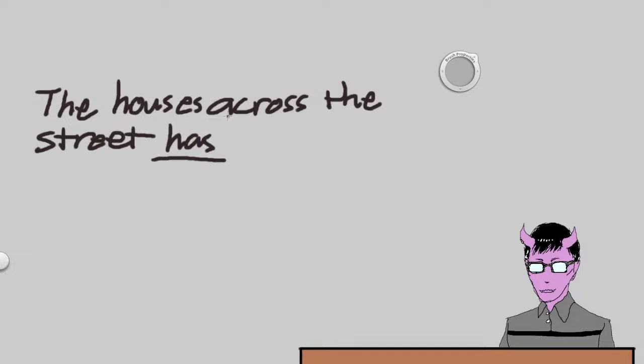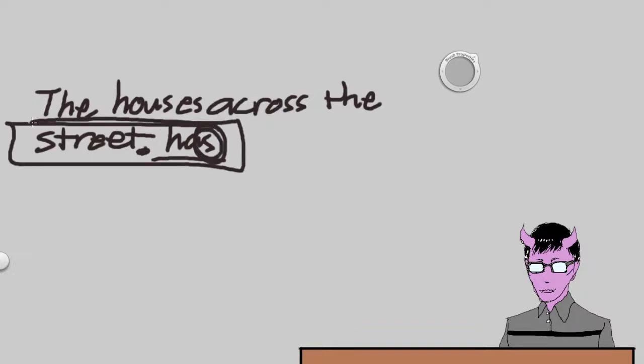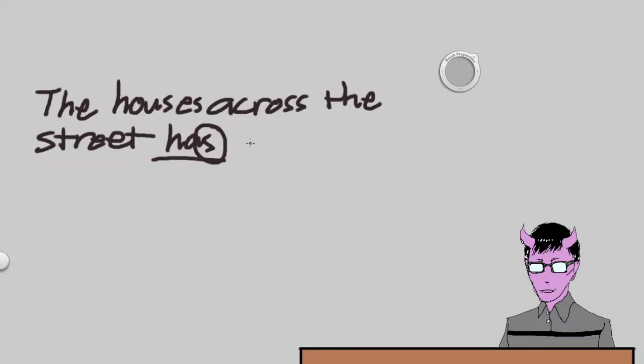So let me think about this. The house is across the street. You could already tell this is wrong because this S here and S there, right? But you can see musically I'm trying to trick people by putting the S and no S right here. So some unfortunate souls might hear this musically as correct, but it is incorrect. But let me finish the sentence.